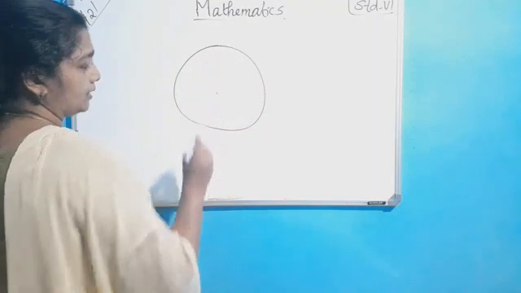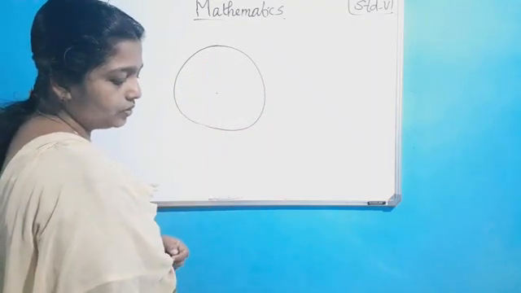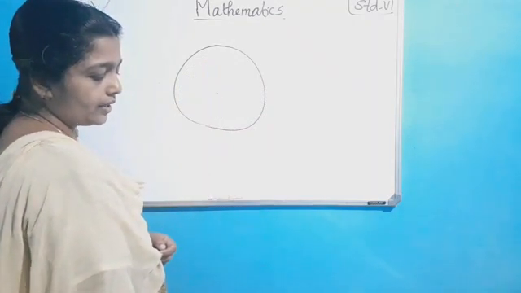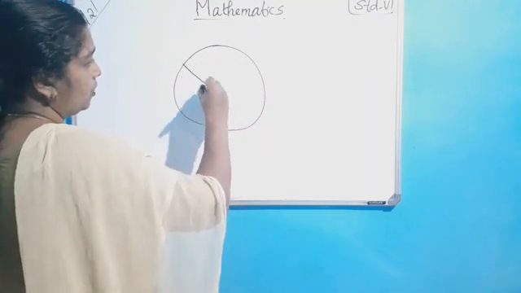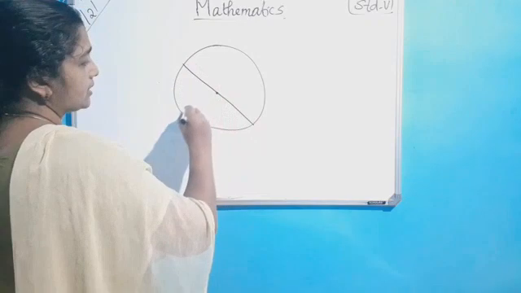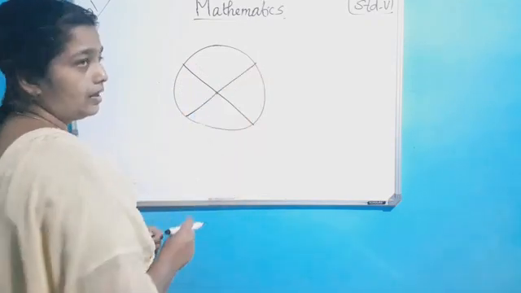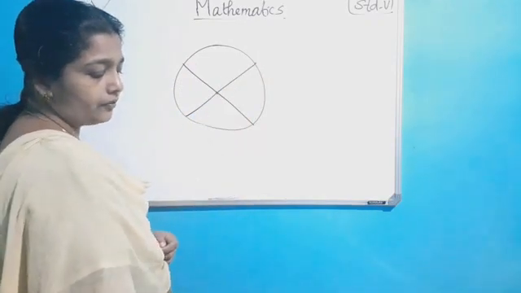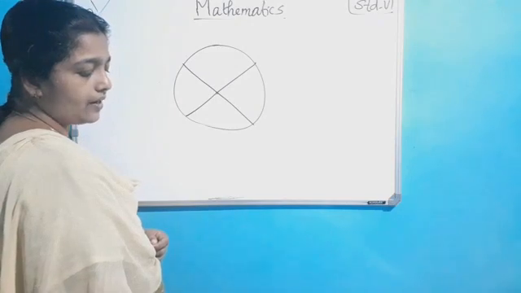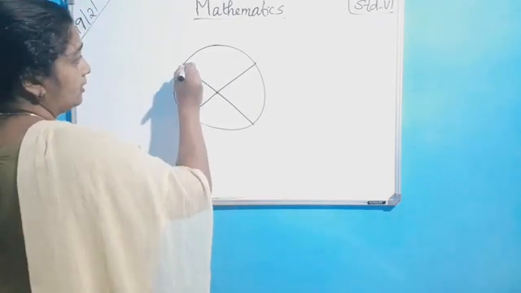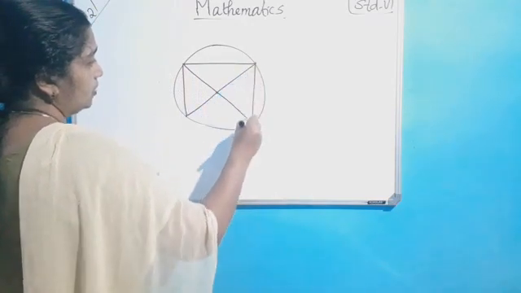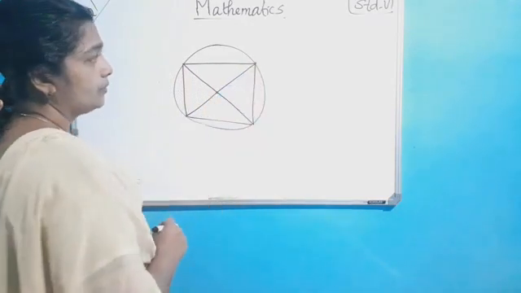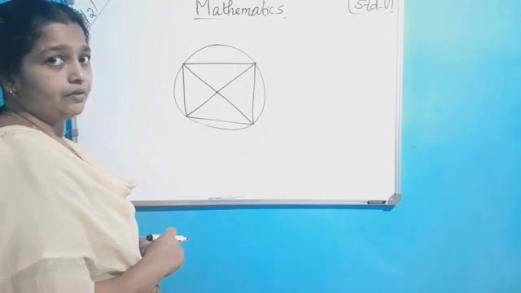Then draw any two of its diameters. A diameter passes through the center of the circle. Next, if we join the ends of these diameters, what is the figure obtained? So we can join them, and you will get this figure. That is the first part.